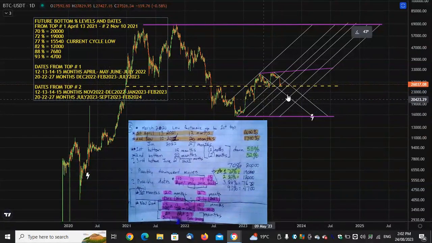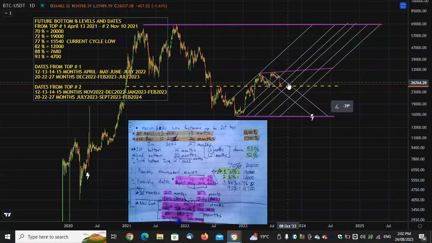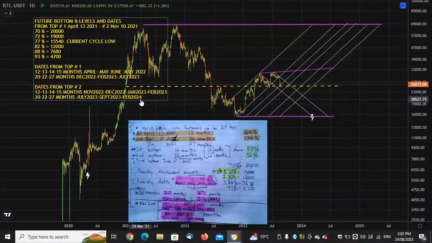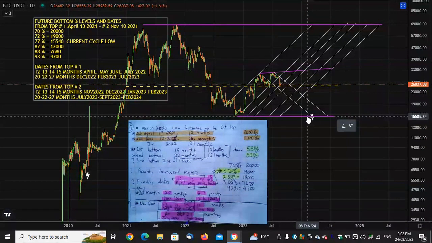So if we lose this area, it's possible we can have a bottom and then another rush up to this angle here. If we were not to get over this angle and this yellow here, and not be able to push up against this, that would mean extreme weakness, and my forecast would be intact for our February 2024 bottom, just before Bitcoin halving event here.